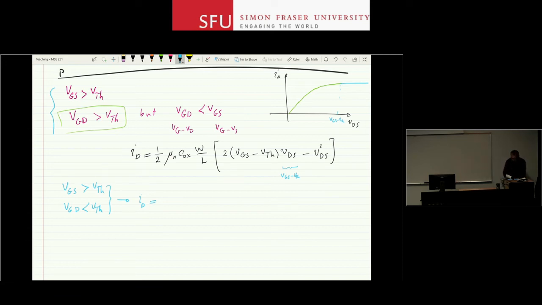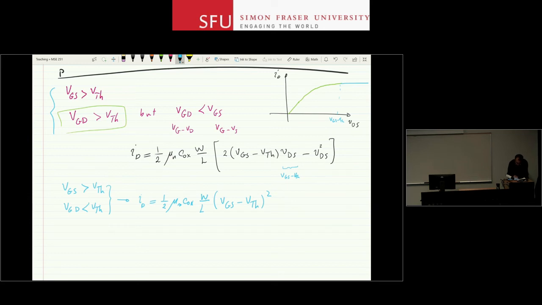So if I take the value of VDS at that point and use it in this equation, I can figure out what the current is going to be from that point onward. From that point onward, it doesn't depend on VDS. And I can show from that equation that it's going to be mu n C oxide W over L times VGS minus VTH squared.